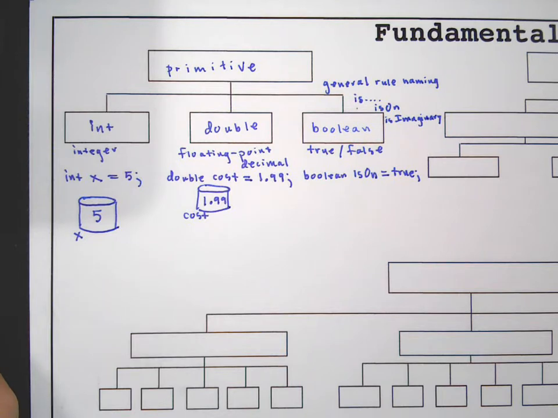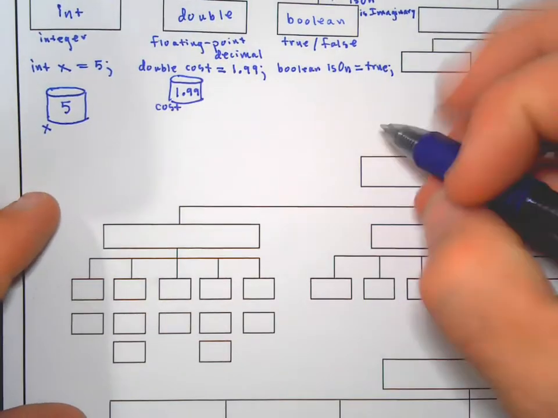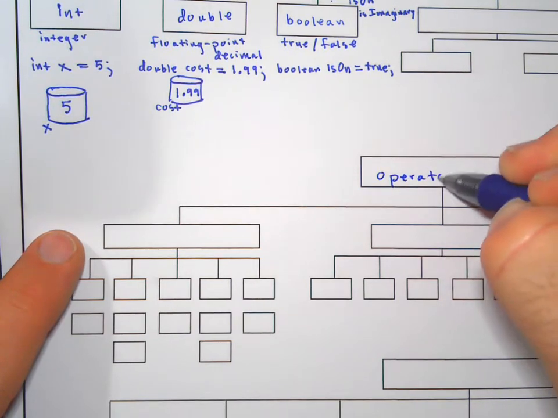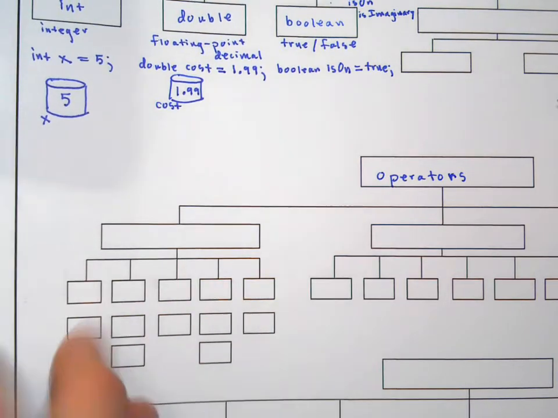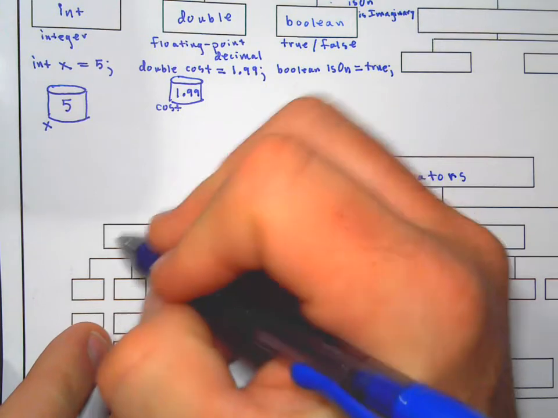Okay, so let's see. I'm going to move down here to the bottom half of the page. We're going to talk about operators. Now, operators, you think of in math, you have operations. So operators are things that do something else.